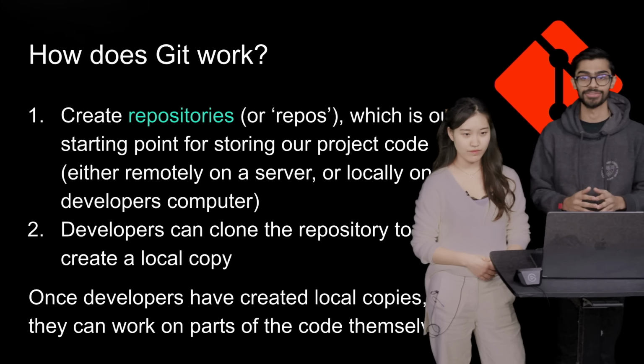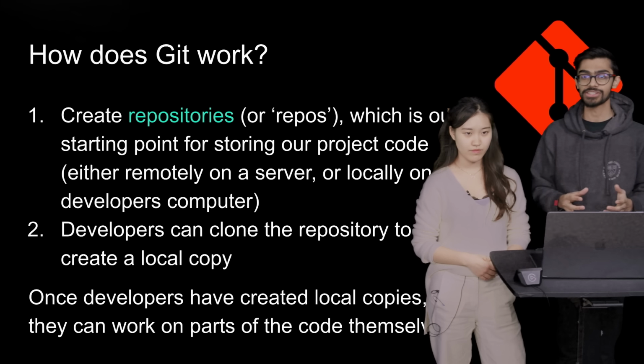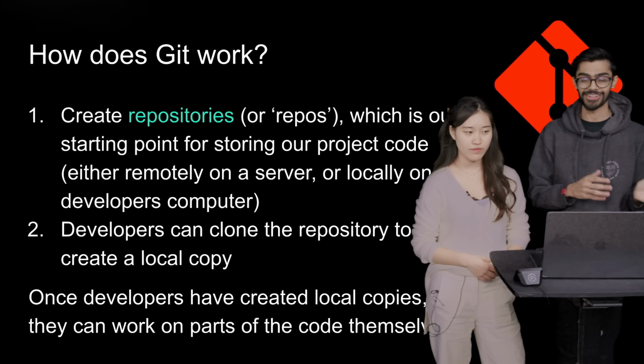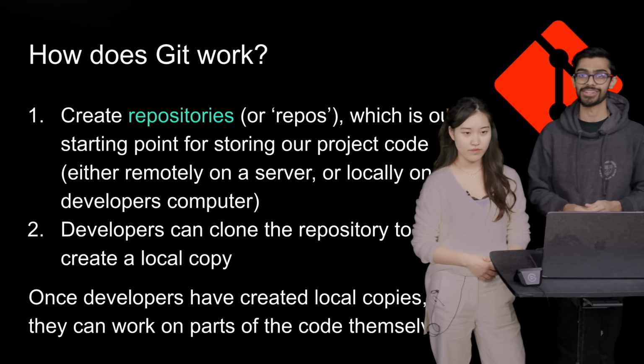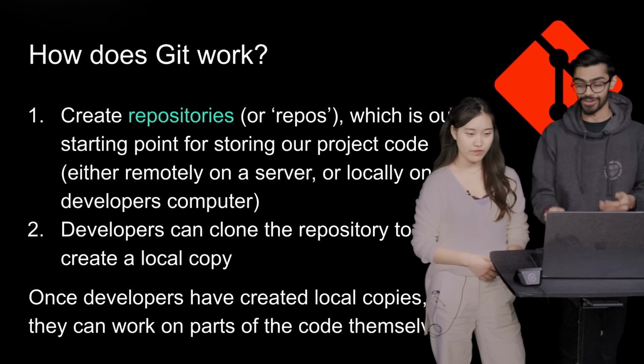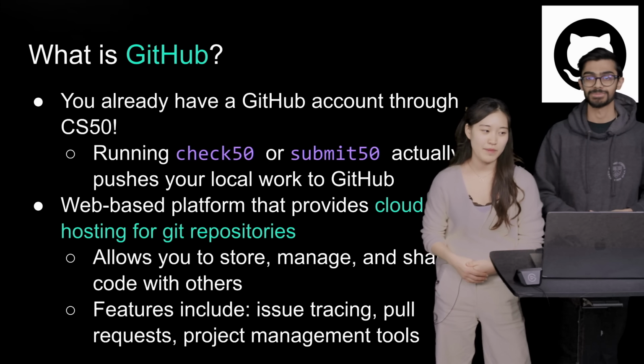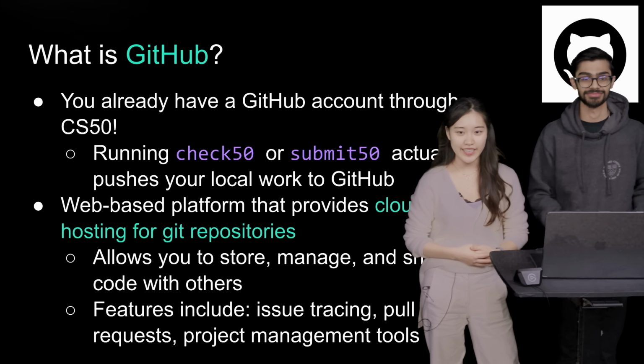Really, once you have a local copy, it's up to you how you want to work on things. But communication is quite important, as you'll see later, because it depends on if you're working on the same or different parts of the code, and whether or not that's going to result in a conflict, which we'll get to as well later.